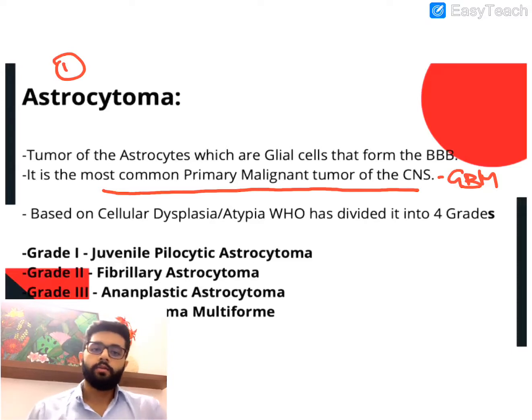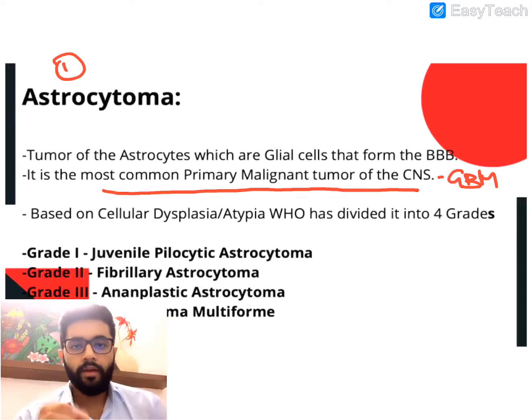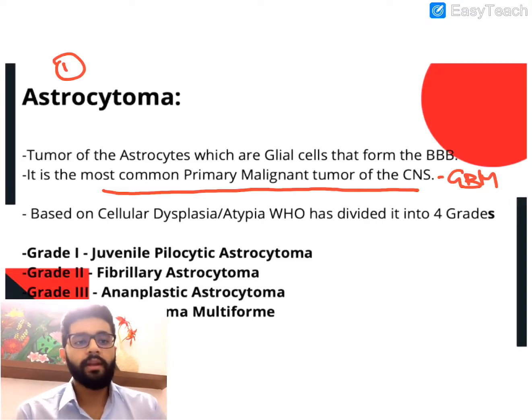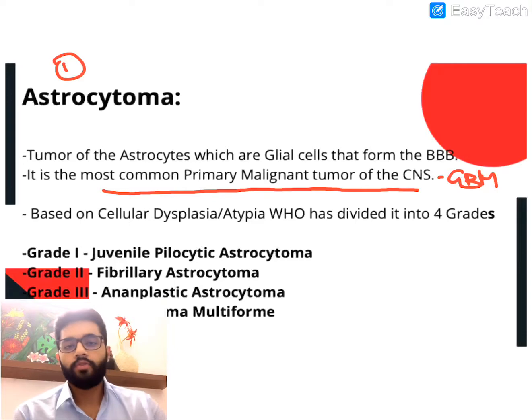Okay, so based on the cellular atypia or the dysplasia that the cells display, WHO has graded astrocytoma into 4 grades. Okay, so grade 1 is the juvenile pilocytic astrocytoma or just pilocytic astrocytoma. Grade 2 is the fibrillary astrocytoma. Grade 3 anaplastic astrocytoma, and grade 4 glioblastoma multiforme.